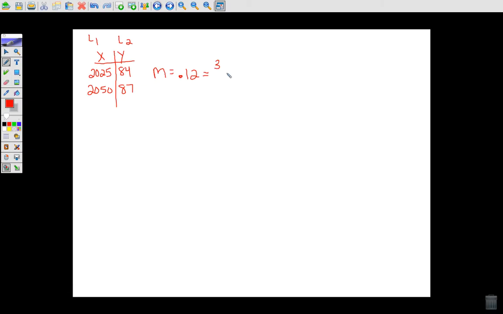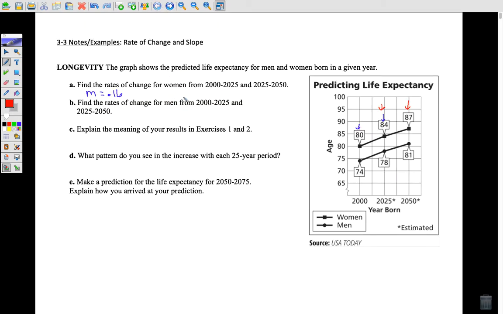So 3 over 25. Okay. So back over here, I'm going to put M is equal to 0.12. So notice our slope is different from this point, which is the blue, to this point, which is the red. So we do not have a constant rate of change because my slope is not constant for the whole piece.